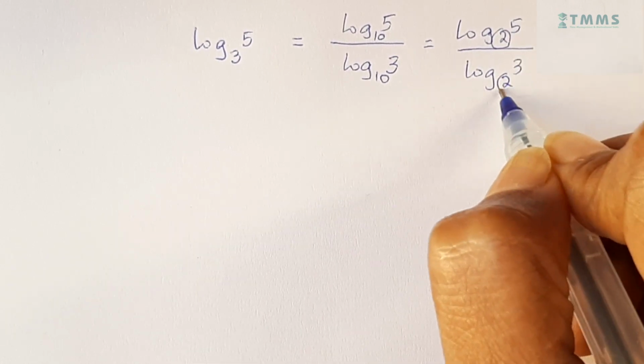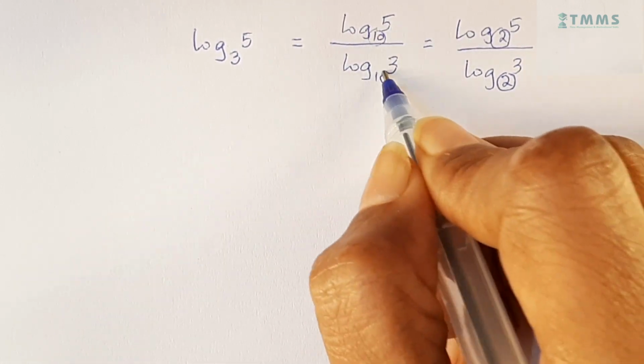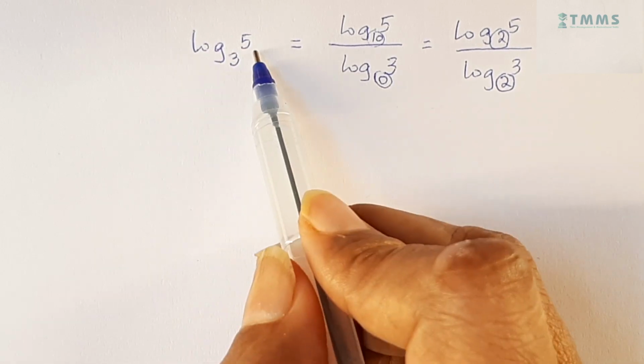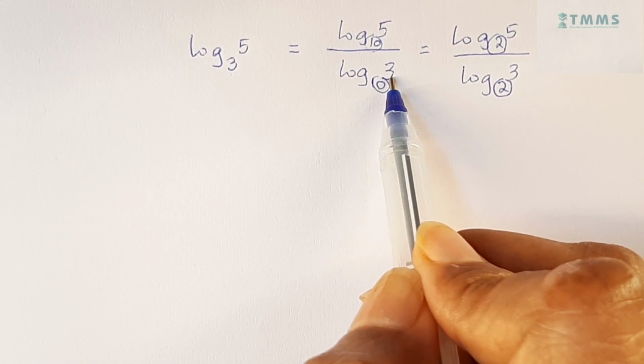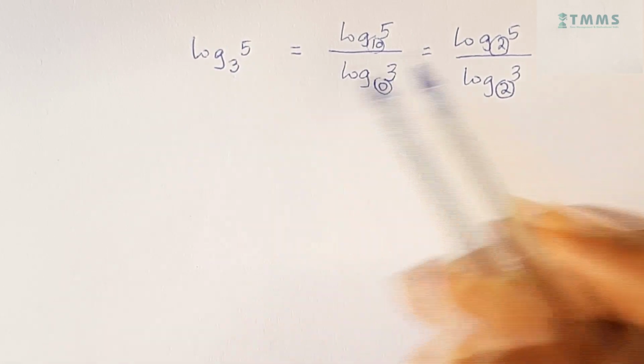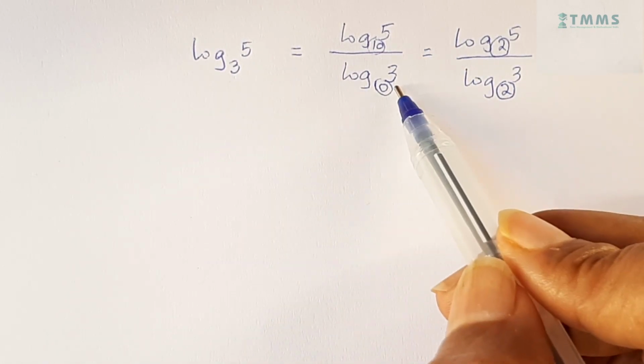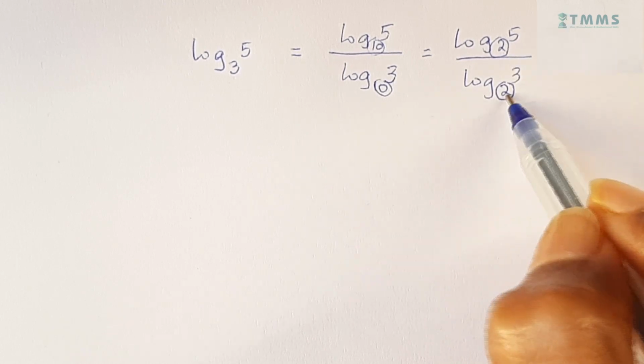Remember, the bases have to be the same. Then you can write log a to the base b as log a upon log b. Log 5 to the base 3 becomes log 5 upon log 3. But the bases have to be the same.